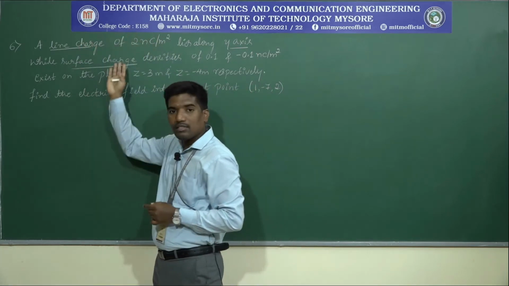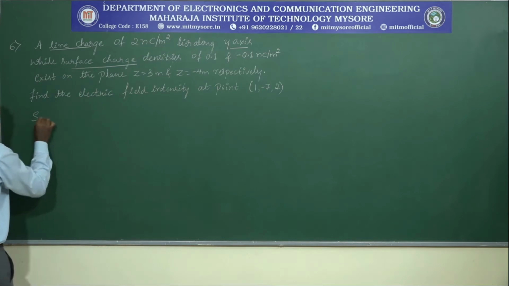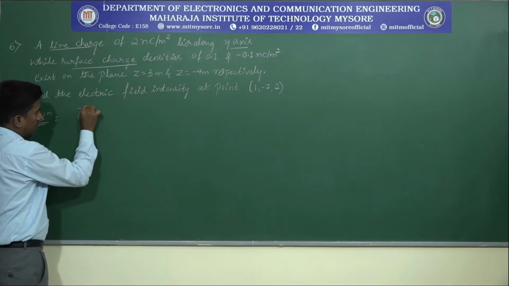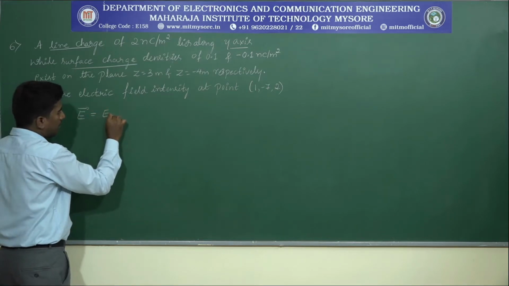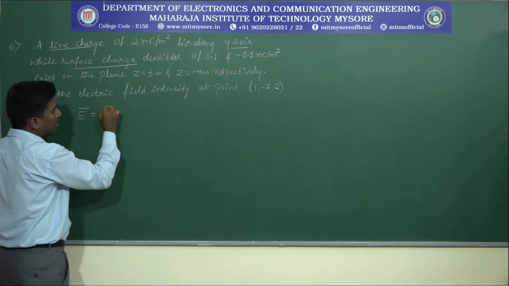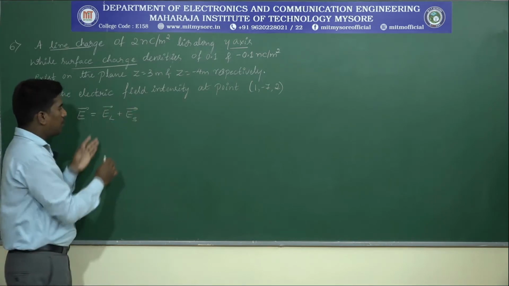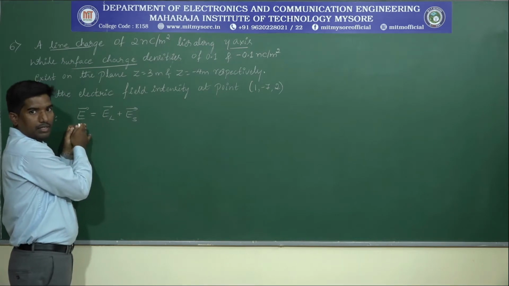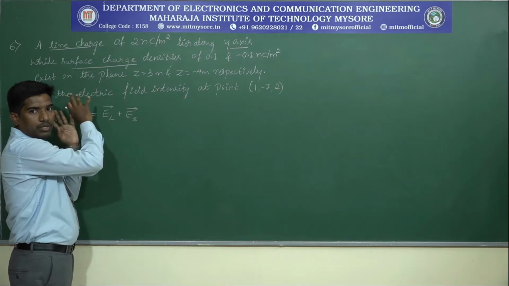Therefore, how to solve this problem? The total electric field intensity E at point P is equivalent to the electric field intensity from line charge and electric field intensity from surface charge. We need to sum up both the things in order to get the total electric field intensity, right? This is the overall theme of this particular problem statement.